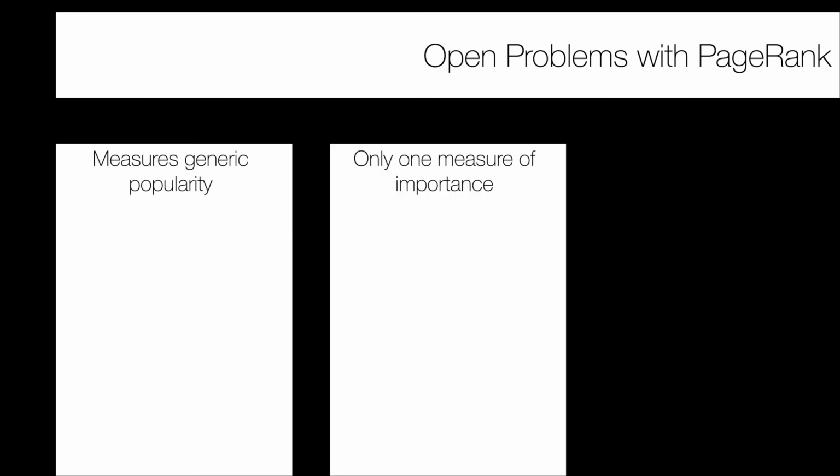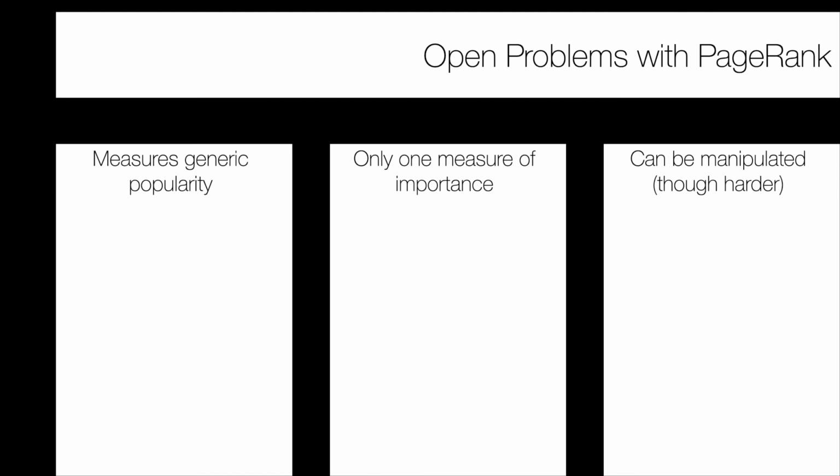It really only gives us one measure of importance, even though two pages that might have a lot of high quality information in them may have different kinds of information, not just by topic, but are built around different things. I'll have an example of that in a second.